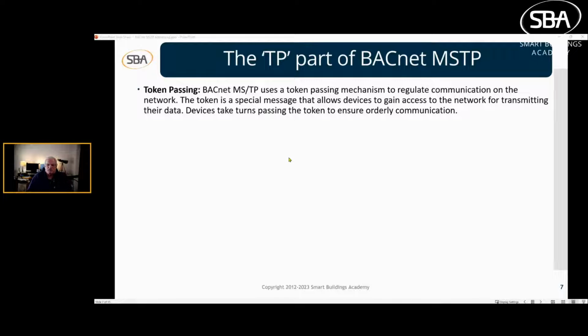So that's what the token does. The token passing mechanism goes to a device and gives that device permission to read the query and respond to the query. We showed you a moment ago where the supervisory device wanted to know from controller number 3, what's the outside air temperature. So it sends a token downline with the address of that device with the query attached.